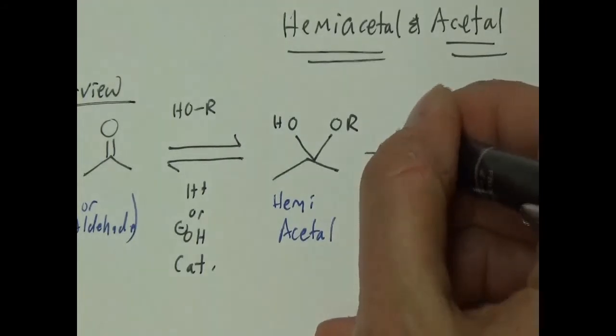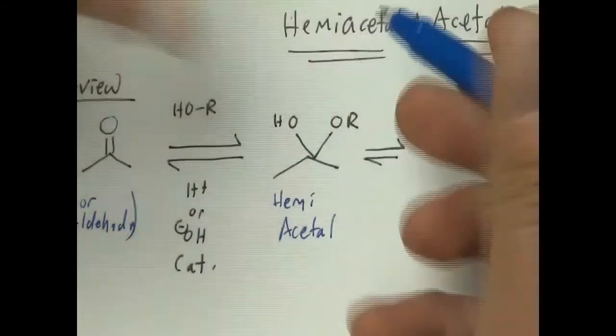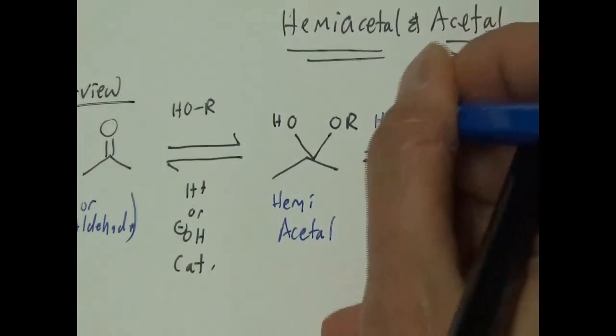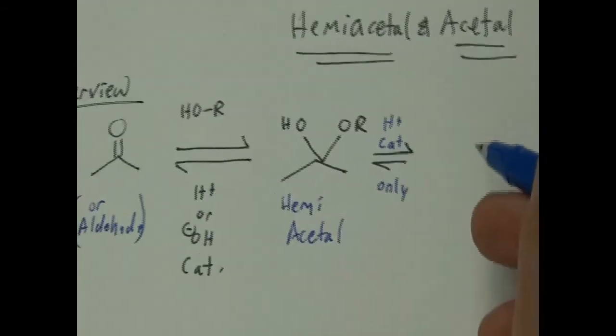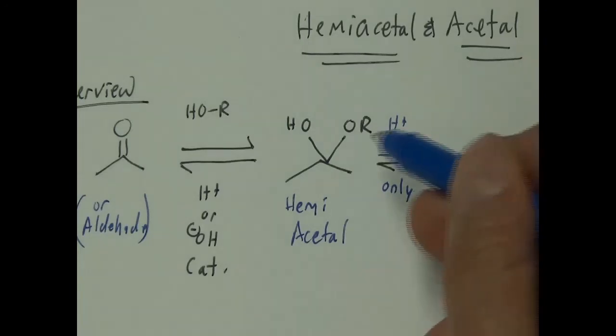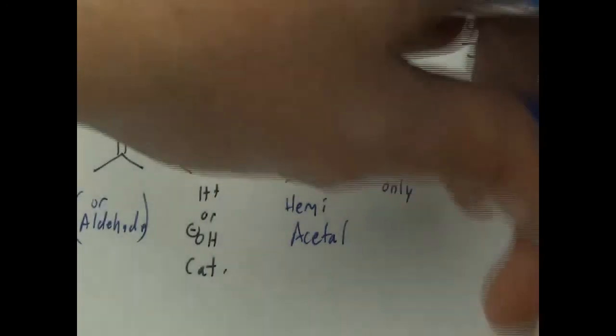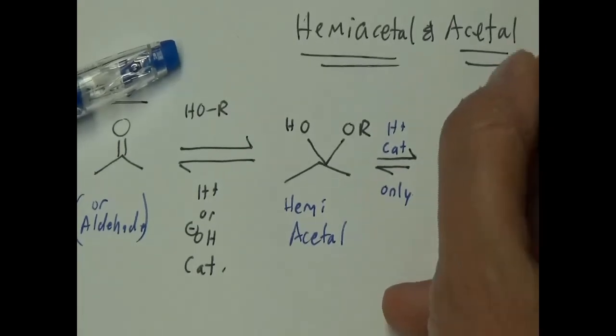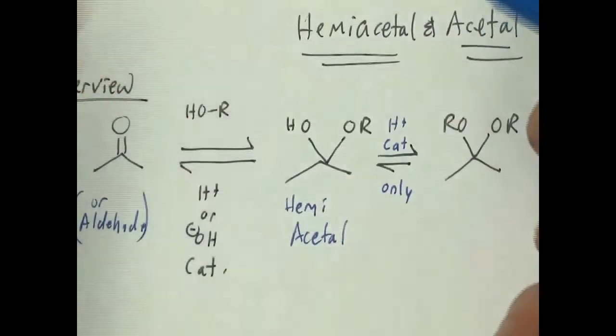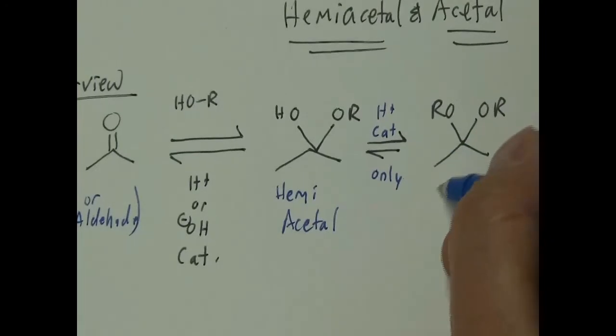Now, if you are under acid conditions, H plus catalysis, assuming you have acid around, it'll keep going, and then you have two ORs. Does that make sense? We'll explain why it does that. This is what's called an acetal.